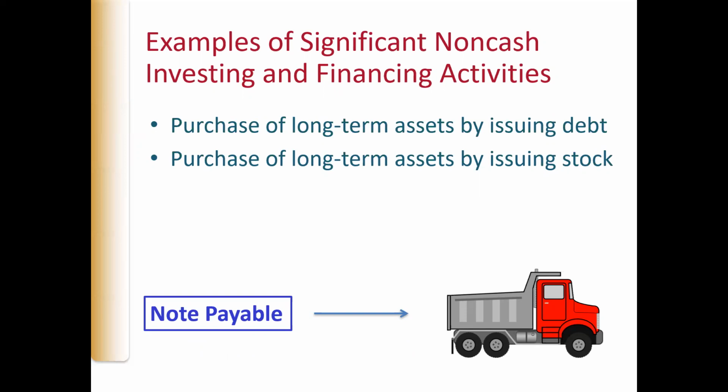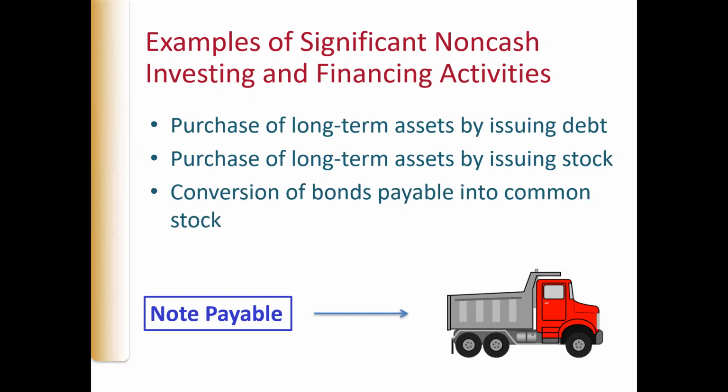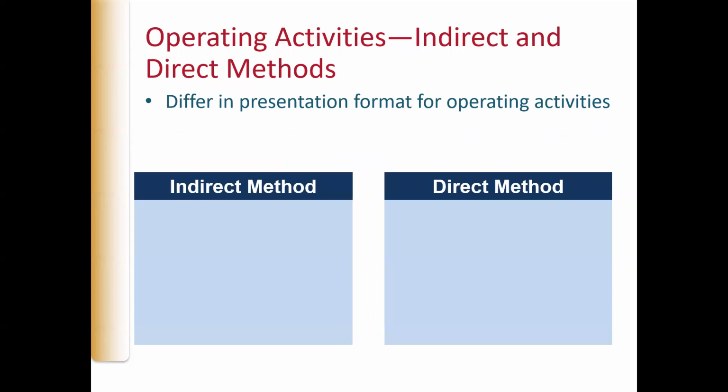Or if you purchase a truck by issuing stock. Or if you convert bonds payable into common stock. Cash was not affected in these transactions. Exchanging long-term assets without any cash, again, is a non-cash transaction.